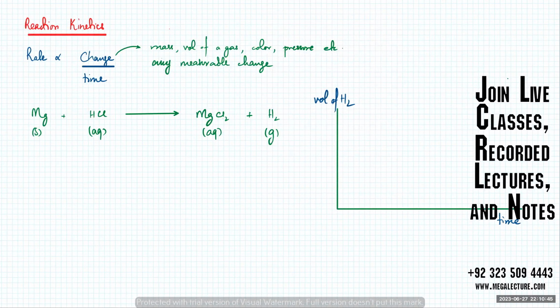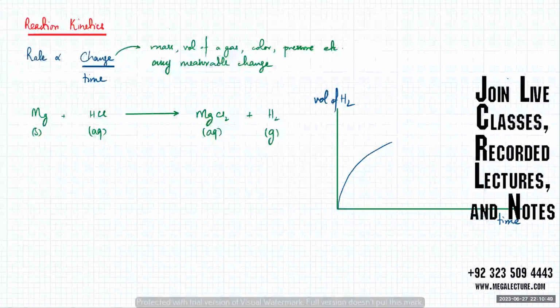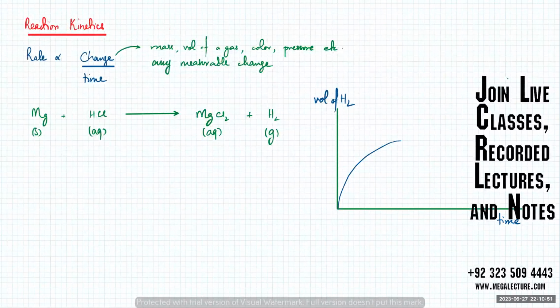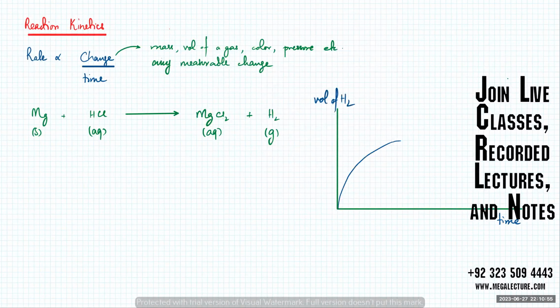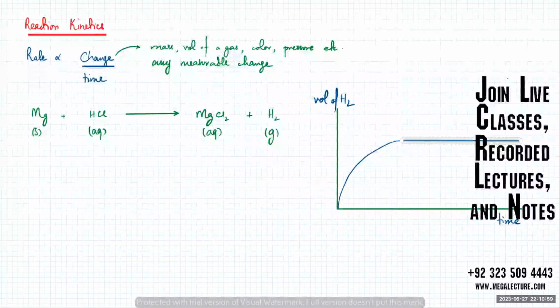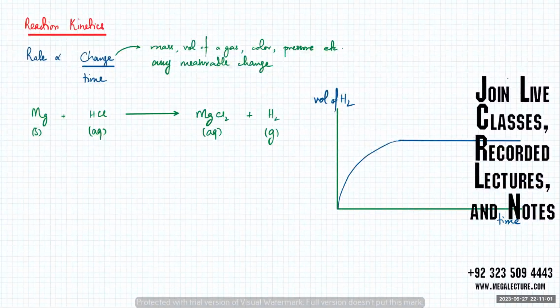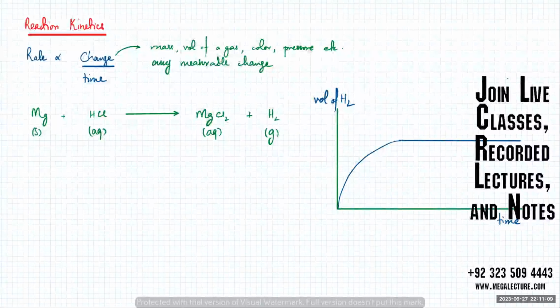And normally reactions are faster in the beginning, and then they slowly tend to stop. So at that point, the volume of H2 is going to stop changing. So the graph is going to look something like this. So that's one thing. Now tell me, what exactly is the rate?